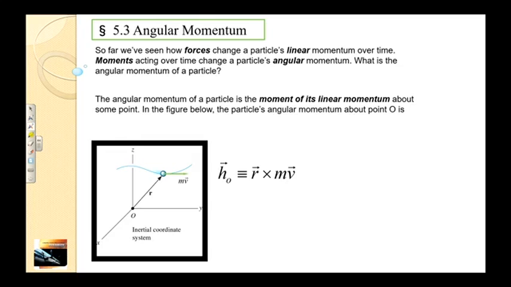And that is an awful lot like our linear momentum. So for linear, we just had p at state 1 plus the integral of force dt is equal to p at state 2. All we did was r cross this equation, and we got to this one, right?